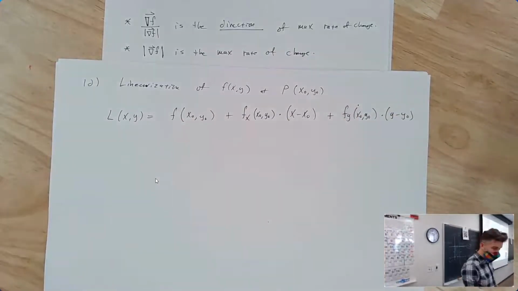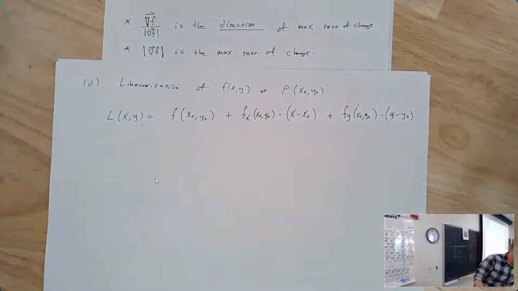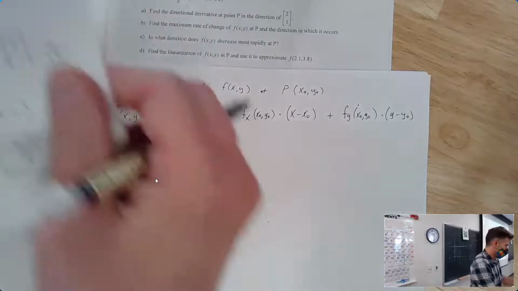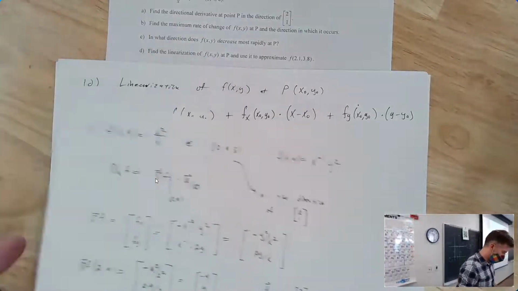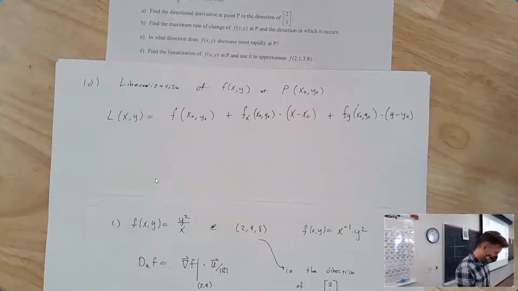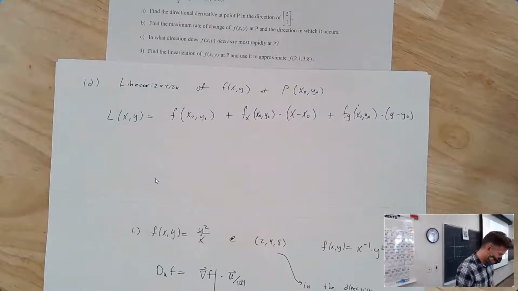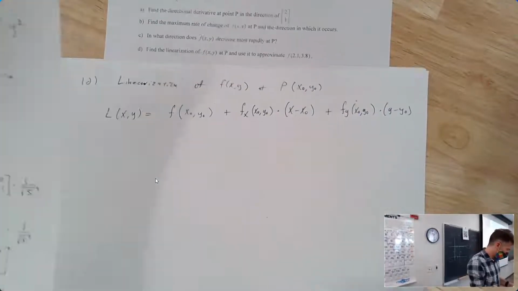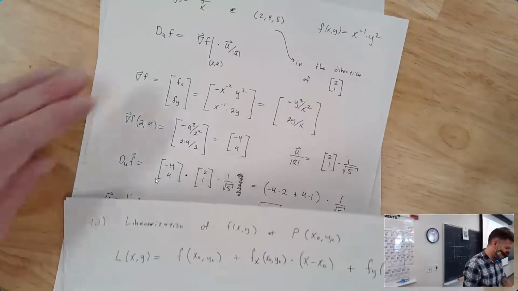And luckily, we already have most of those things from our previous work. So look back at the first page here. We have fx, we have fy. Great. So, in fact, we have them evaluated.